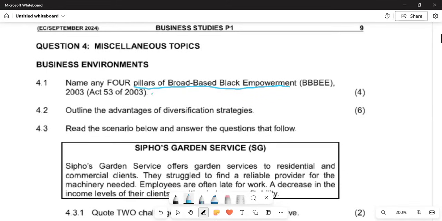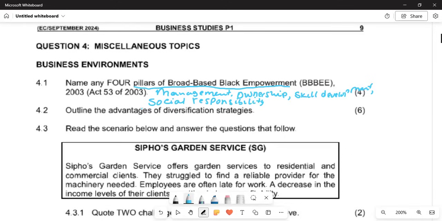So the four pillars, as we know, are management, ownership, skills development, as well as social responsibility.